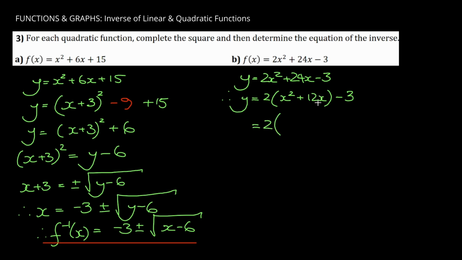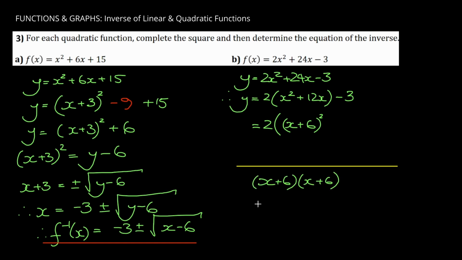Because we've got a coefficient of 12 here, our completed square bracket will be x plus 6 squared. So again, let's do a little bit of side work on the multiplication out of x plus 6 and find out effectively what error it produces. We'll generate two terms that we want, which is the x squared, and if we look at the underneath, this is 6x, this is 6x, so we get our plus 12x.